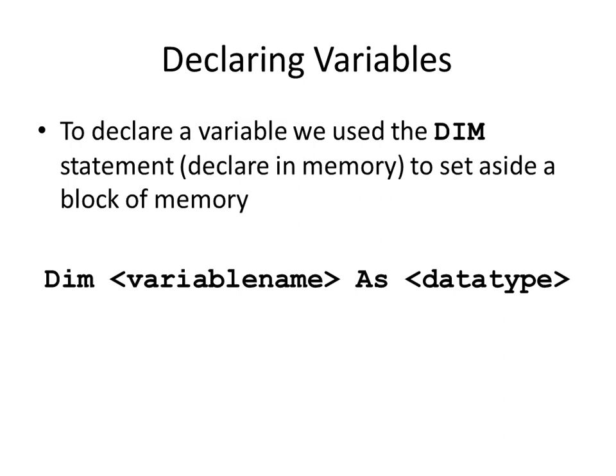That's not what dim stands for. Nobody really knows what dim stands for. But declare in memory is a nice, easy mnemonic. So you declare in memory the variable name, and you have to specify the data type. Later on, you can assign a value to it. That'll be the next lesson.